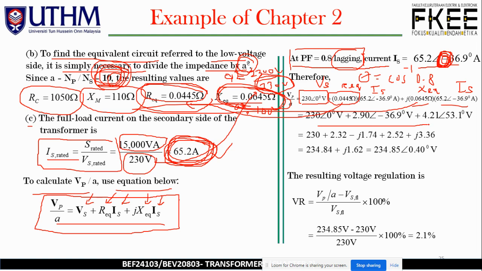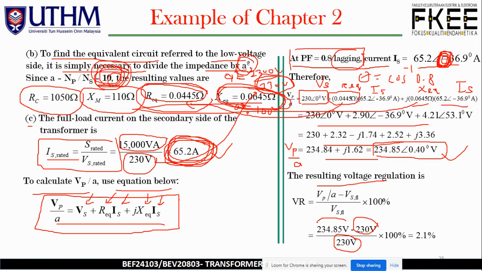So solve the equation carefully, giving us the value of Vp over a equal to 234.85 at 0.4 degree volt. Resulting in the voltage regulation Vp over a minus Vs full load over Vs full load. Vs full load is provided in the question.